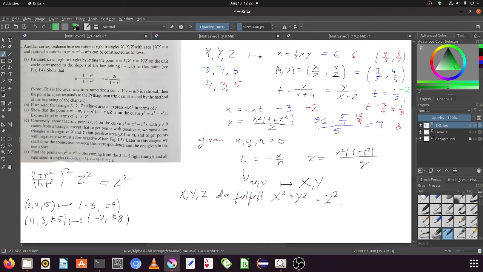Well, let's do this one first. Minus 2, and then n is still the same. So when we multiply it by minus 2, we get 12.